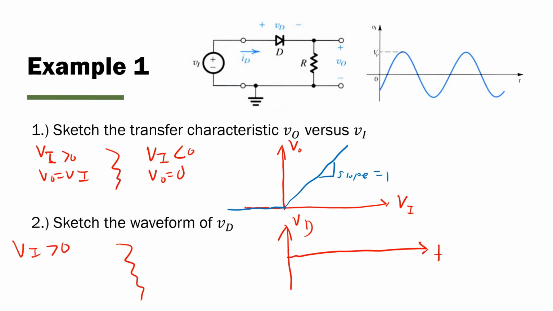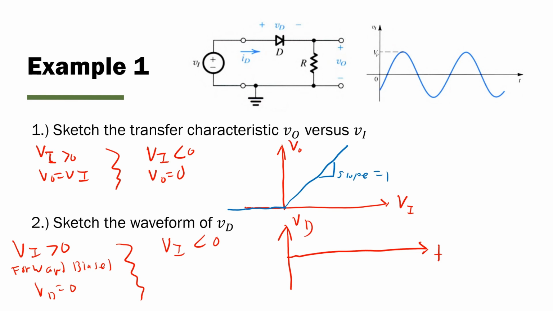When Vi is greater than 0, what is the voltage across the diode? Well, we know that the diode is forward biased, which means that the voltage will equal 0 because it's behaving like a short circuit.